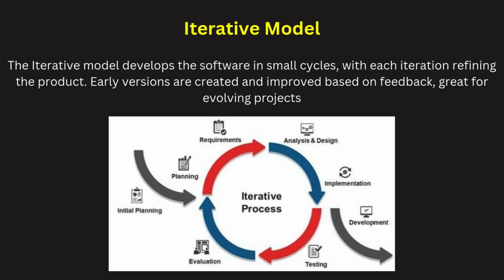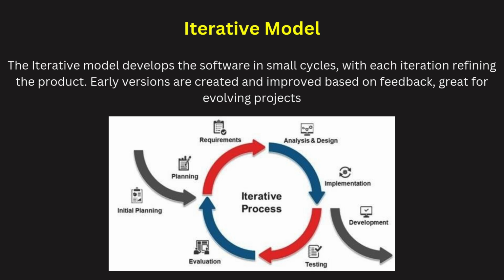Now the iterative model. In this case, the software is developed and refined in small chunks called iterations. Instead of building the entire system in one go, teams develop a working version early, then enhance it through repeated cycles.